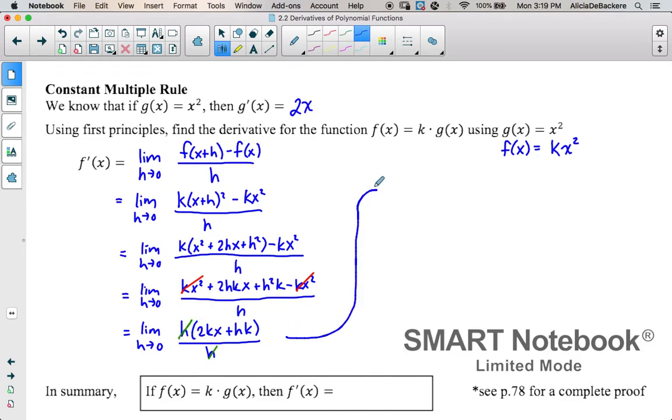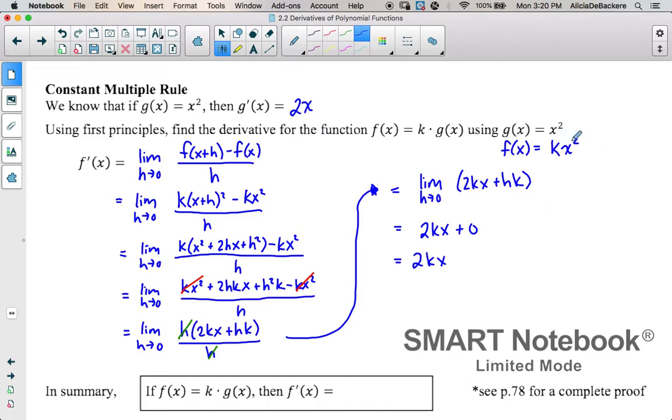Whenever you run out of space, just use an arrow to show where you're restarting. And now I can actually take the limit here because I've canceled away those h's. I'll plug in 0 for h. And I get 2kx plus 0, or just 2kx.